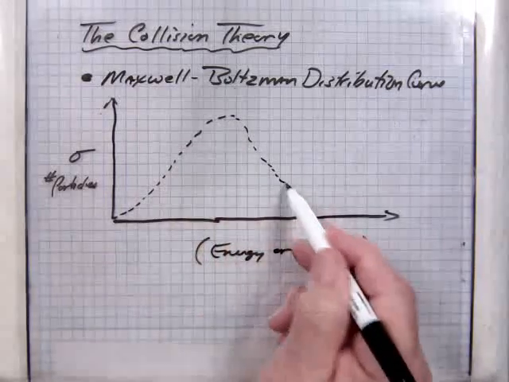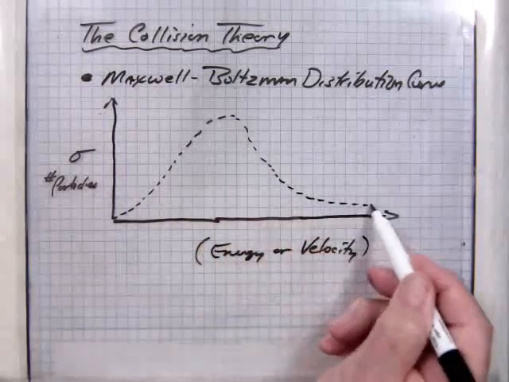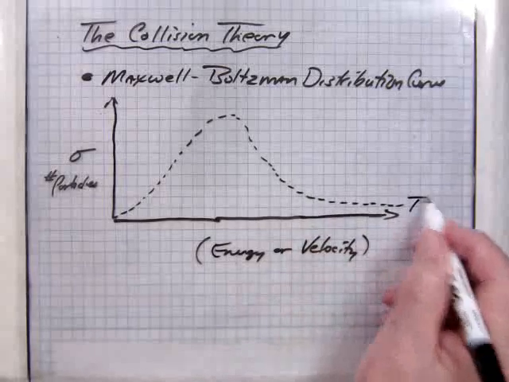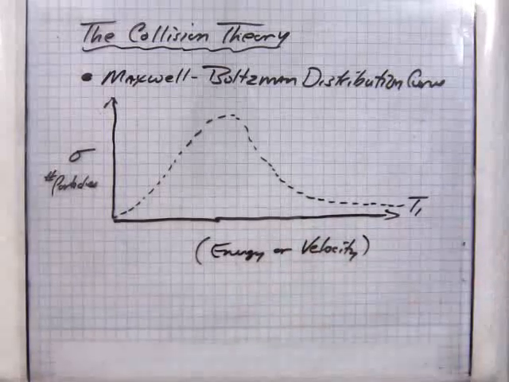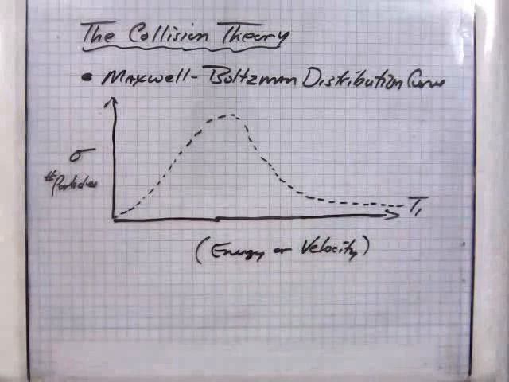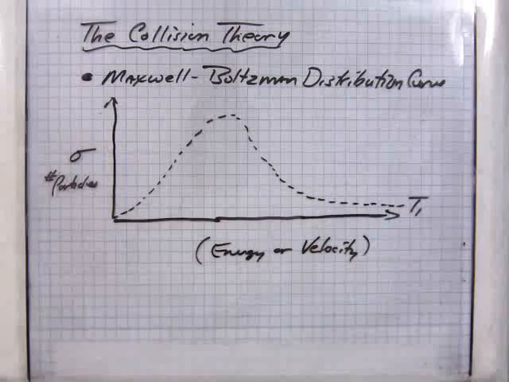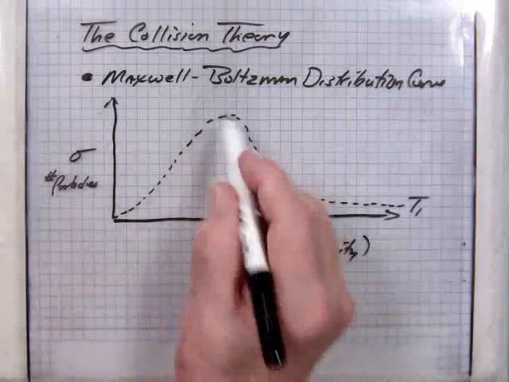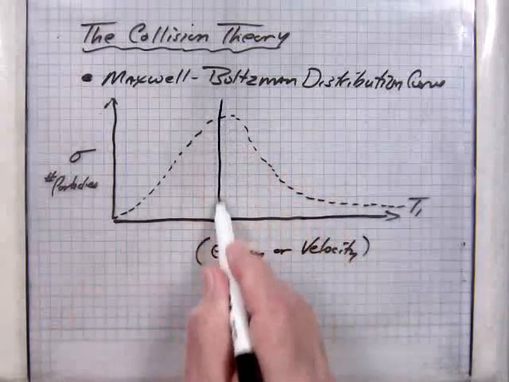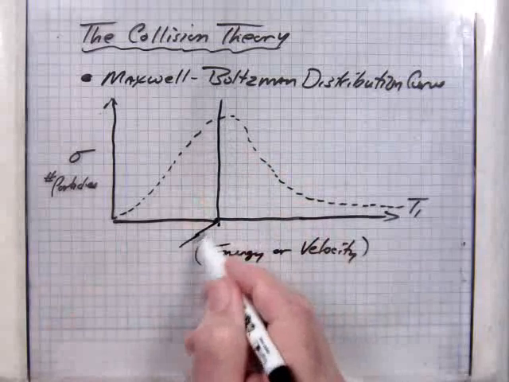A bell curve looking graphic. And that is taken to be at temperature 1. And some of the things that exist in this curve is what we call the root mean square speed of particles.